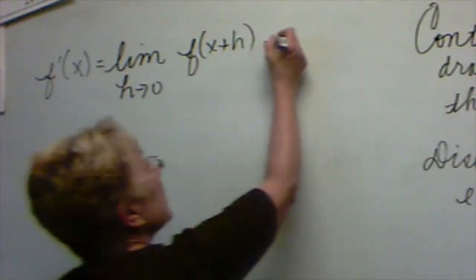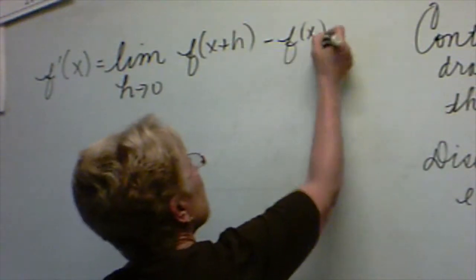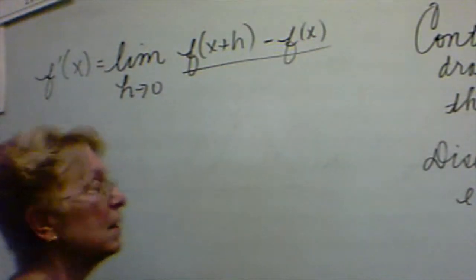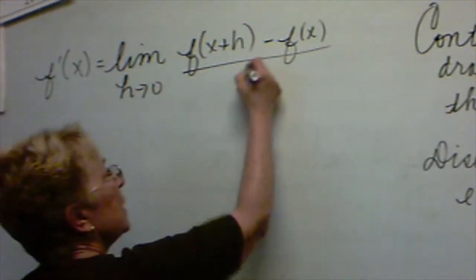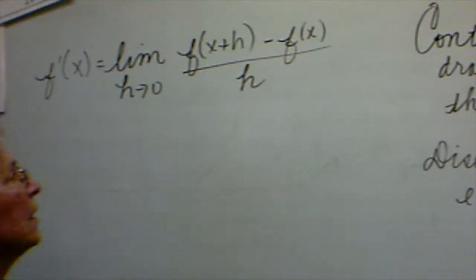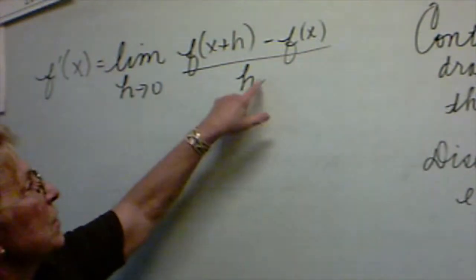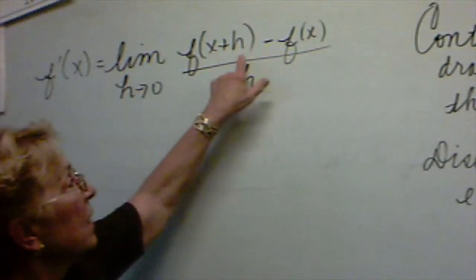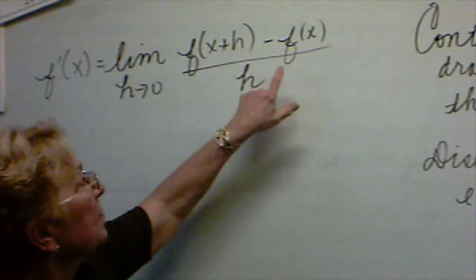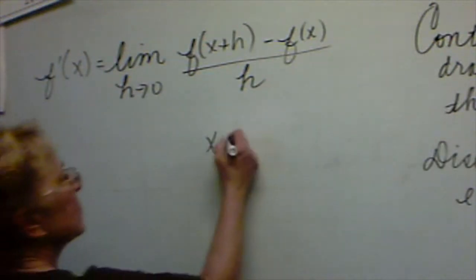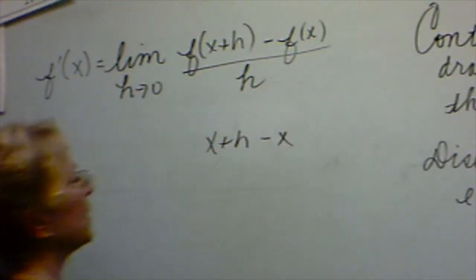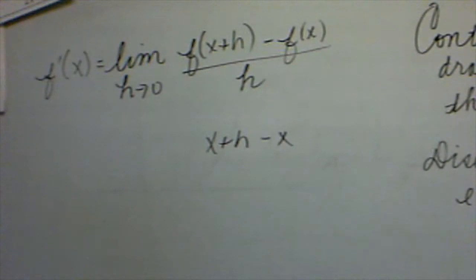We're going to subtract off the function in its normal state and divide by h. And really, h is x plus h minus x, where you started from. So that gives you the h in the denominator.